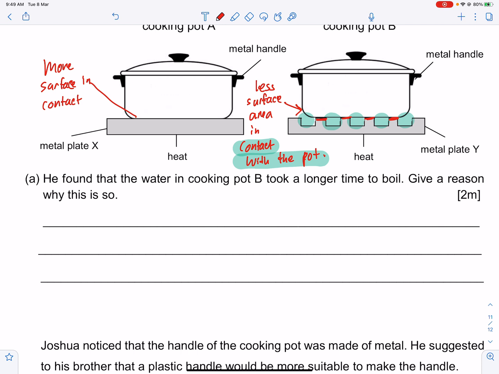So there are two parts to this answer. The first part is comparison about your surface area in contact.